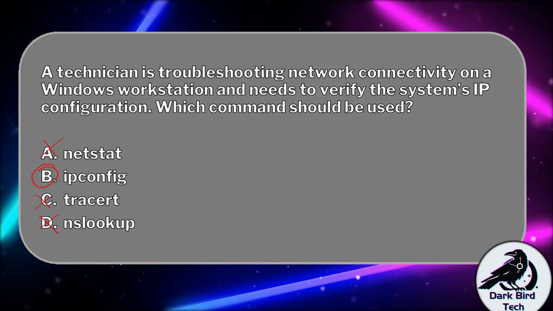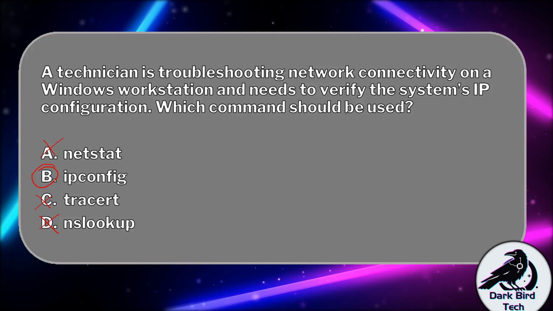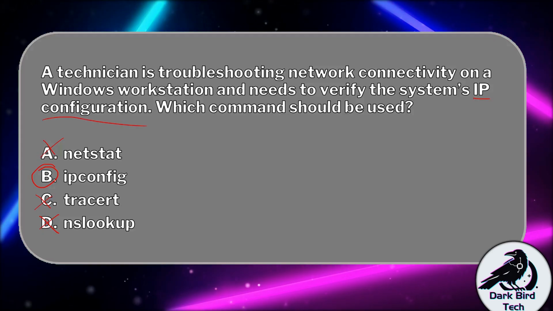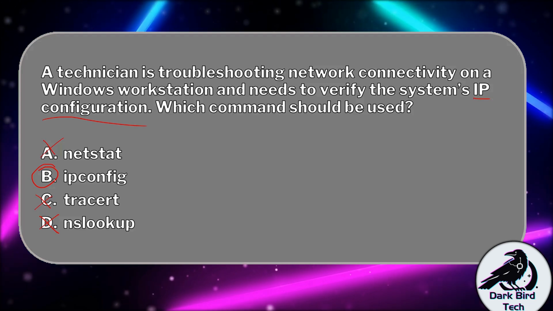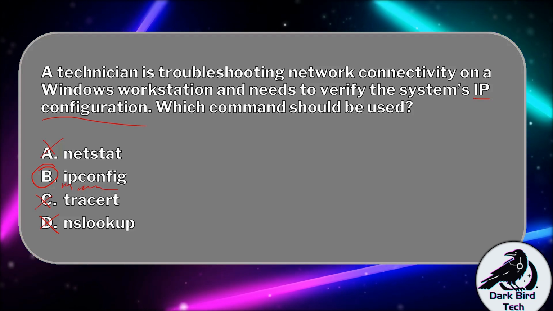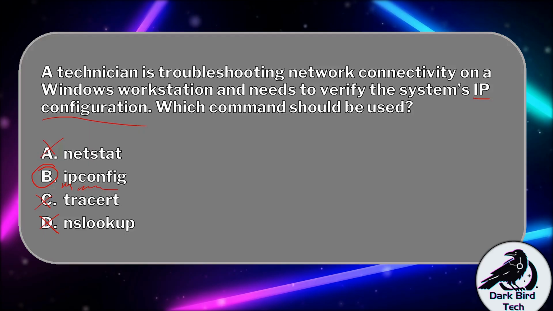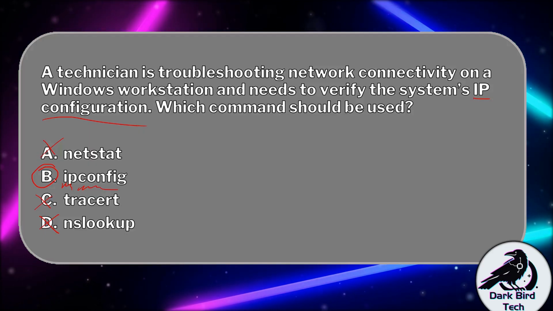It lets you test domain names and the resolution of the name to the IP address, which is useful, but not used to verify your IP configuration. In fact, we're actually kind of lucky because the intended use of the command is its name, IP configuration. So that was a fairly straightforward one.